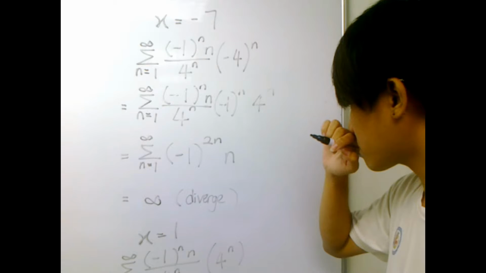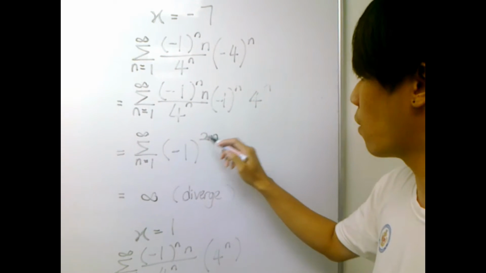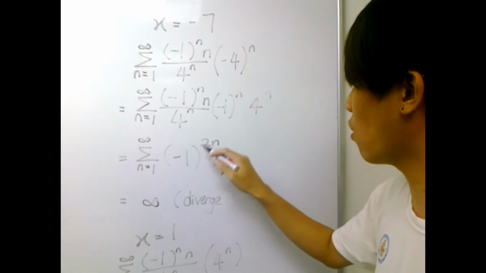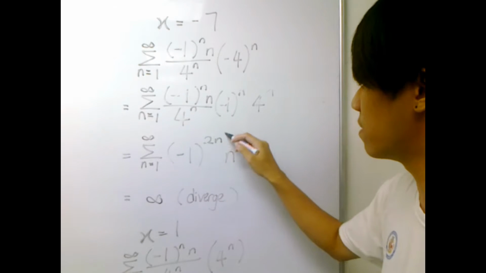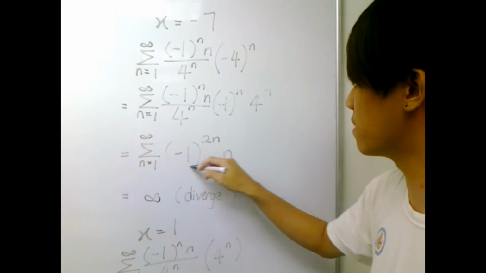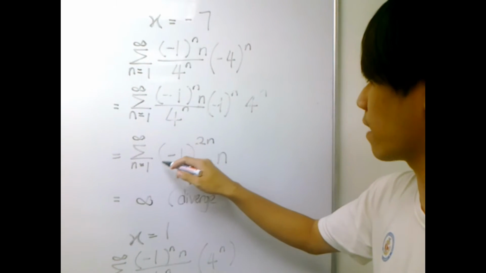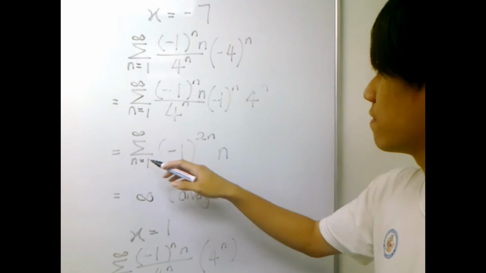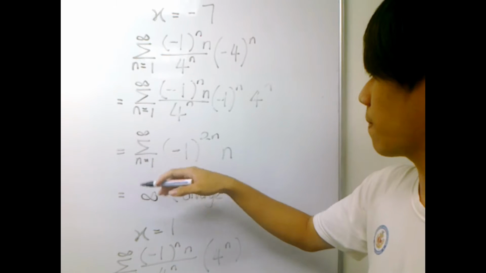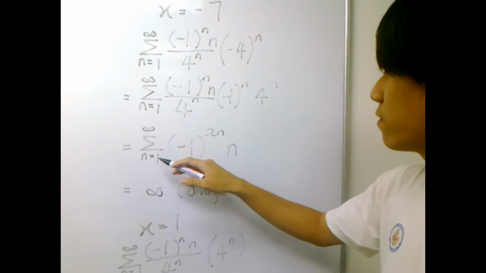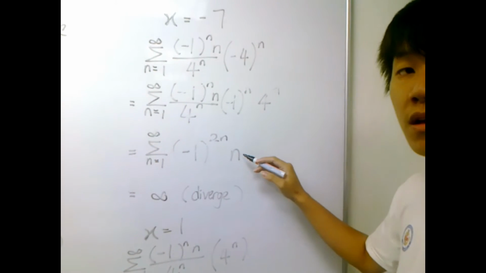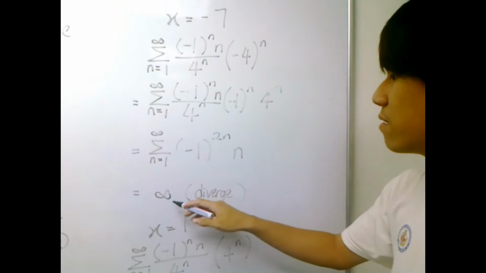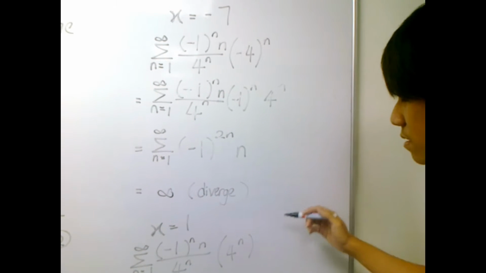And since the power of negative 1 is always an even number, this will always be a value of 1, and therefore we can cut that off, and therefore we have a series of summation n equals 1 to infinity of n, which we know is a diverging series.